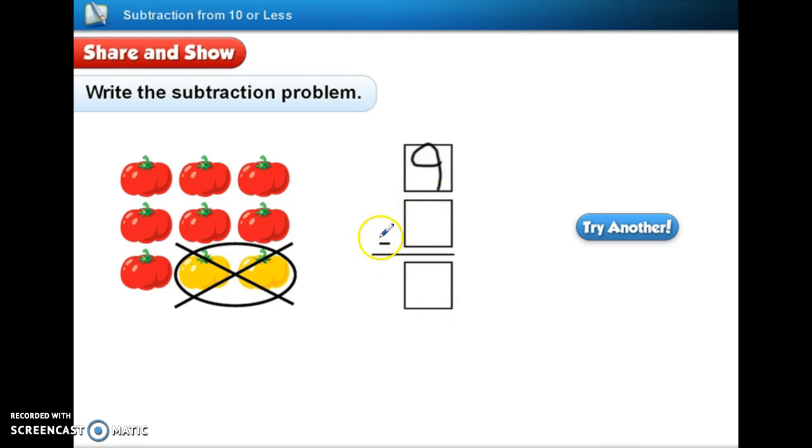So 9 minus how many are circled and crossed off? 1, 2. 2. So 9 minus 2 equals, let's see, 1, 2, 3, 4, 5, 6, 7.